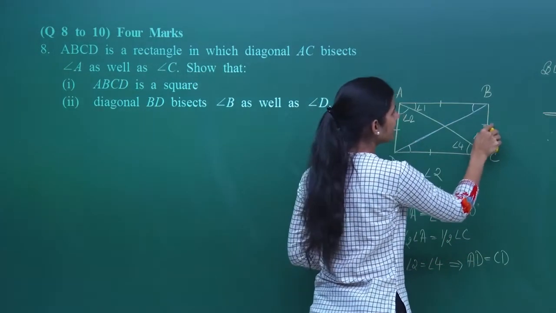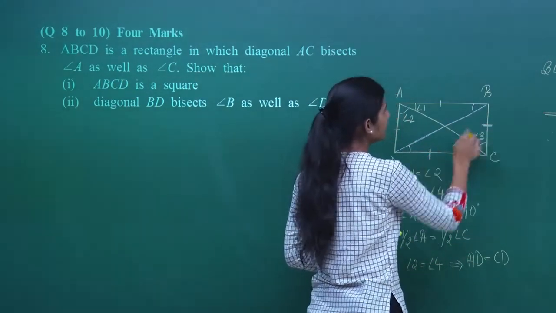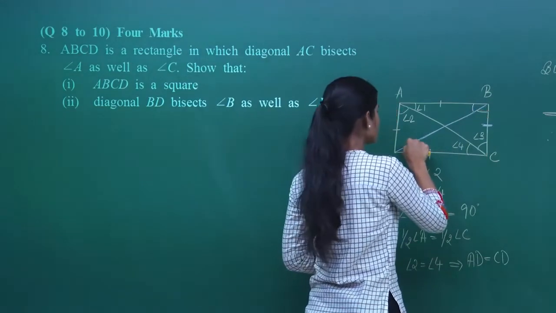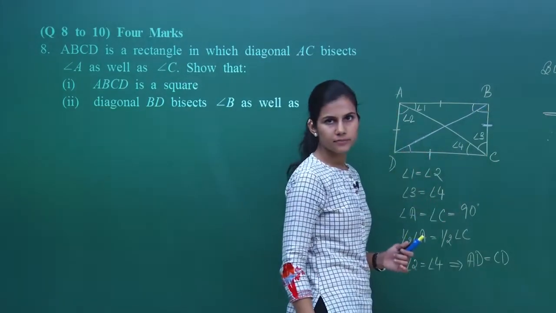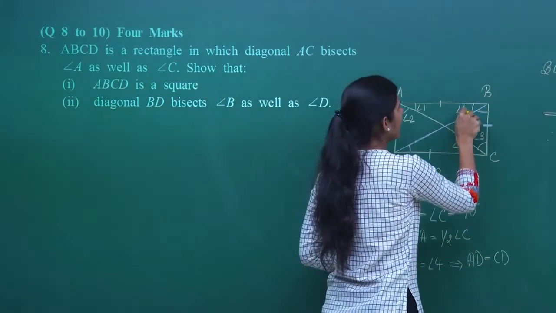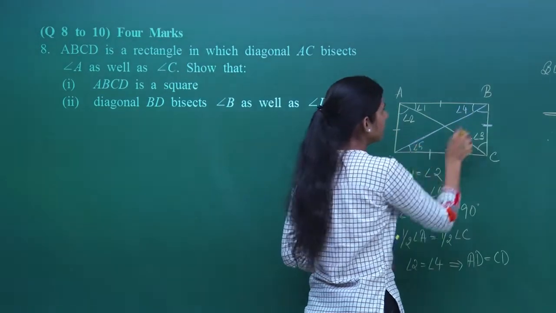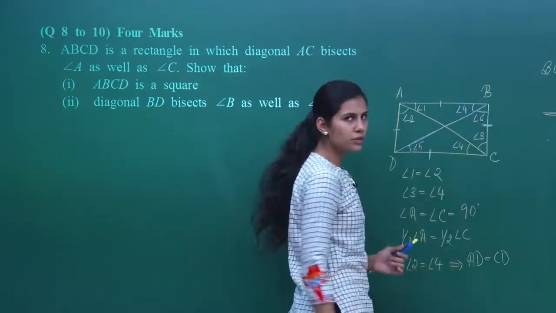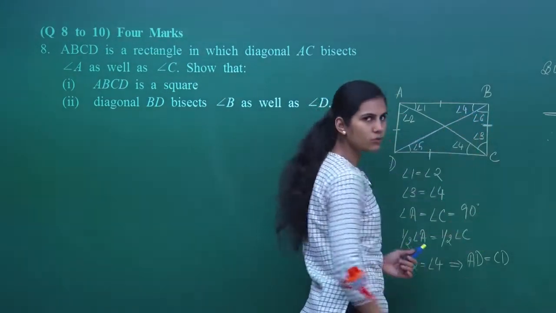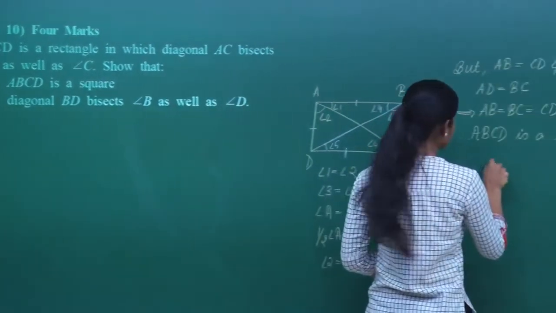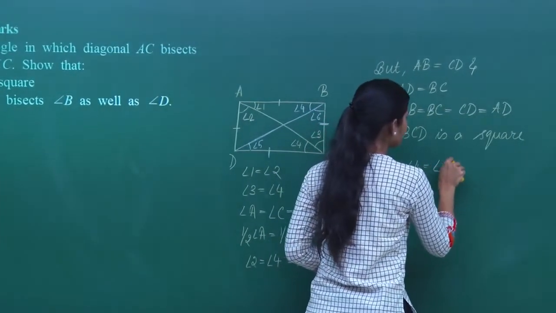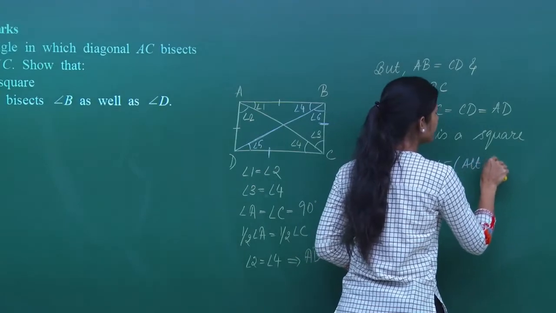Moreover, because this side is equal to this side, so this angle is also equal to this angle. Are you understanding? Angle 4 is equal to angle 5, but angle 6 is also equal to angle 5. That means angle 4 is equal to angle 6. What did I say? Angle 4 is equal to angle 5 because they are alternate interior angles.